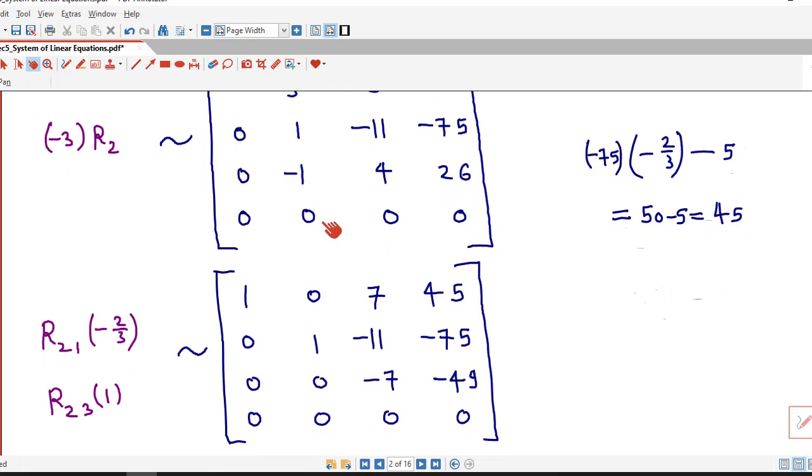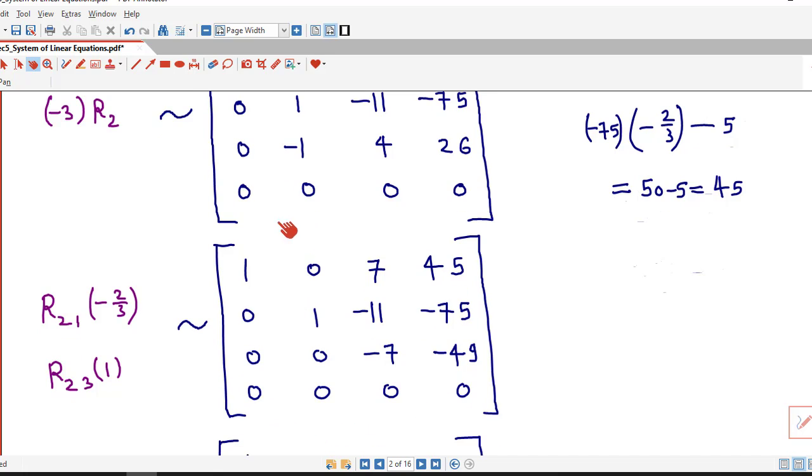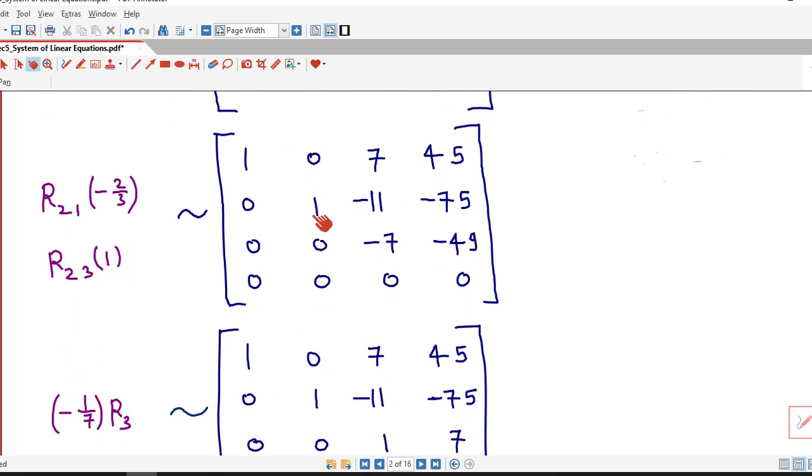Now next operation is multiply second row by 1 and add in third row. That means we have to add second and third row. So 0 plus 0, 1 minus 1 is 0, minus 11 plus 4 which is minus 7, and minus 75 plus 26 which is minus 49, and last row is 0.